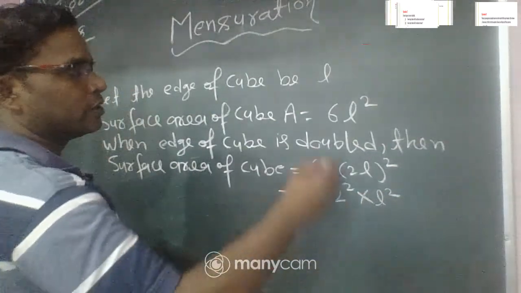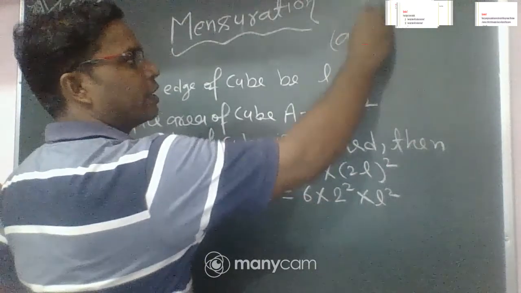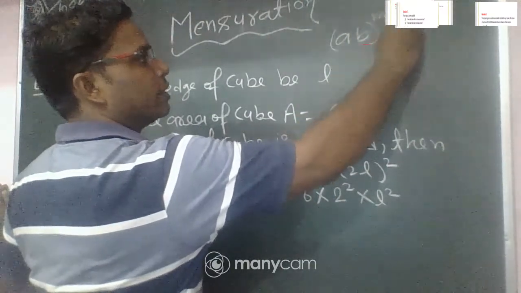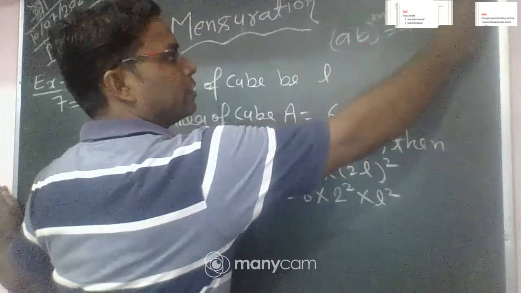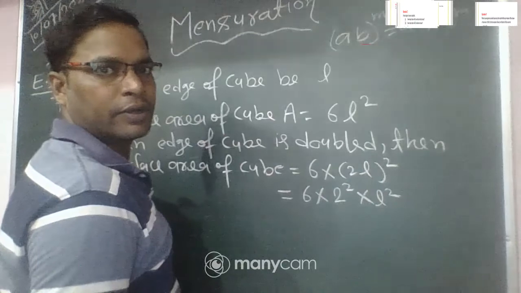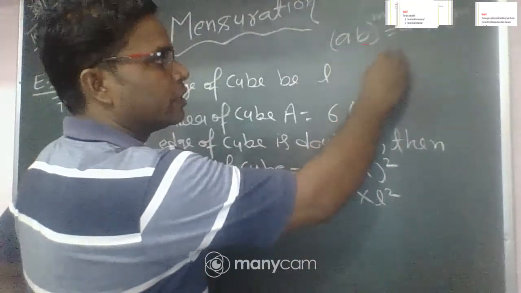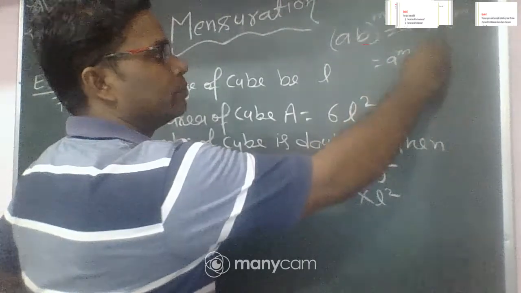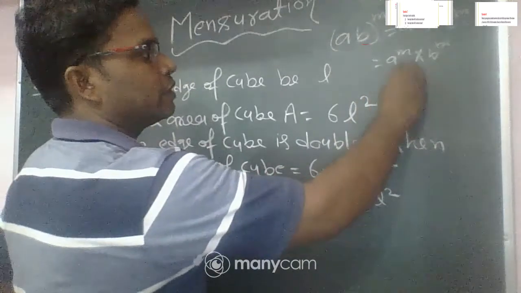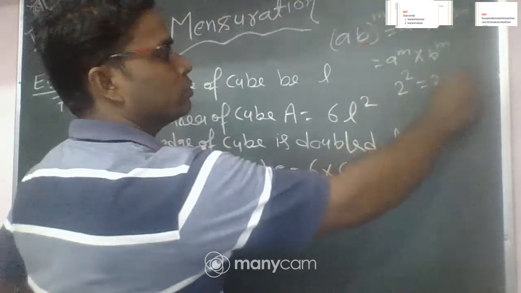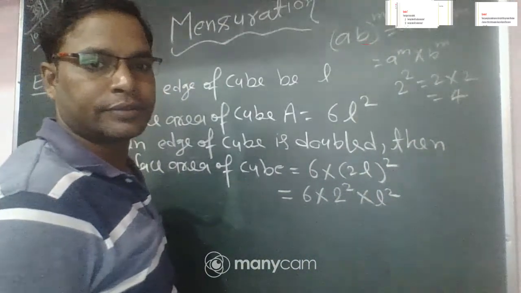You know (A into B) power m is equal to A power m into B power m, clear? And 2 power 2 is equal to 2 into 2, which is 4.